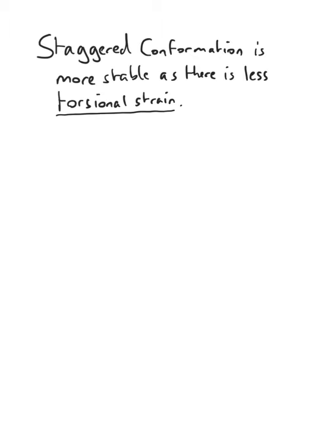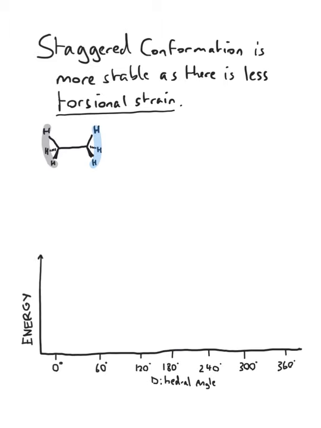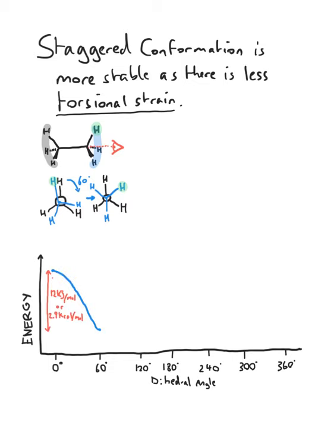The staggered conformation is more stable than the eclipsed conformation as there is less torsional strain. We can see this if we compare the dihedral angles to the energy levels. We will notice that at the eclipsed energy level, we have relative energy, which when rotated to 60 degrees, we end up with a dip in the energy equal to 12 kilojoules per mole, or 2.9 kcals per mole.